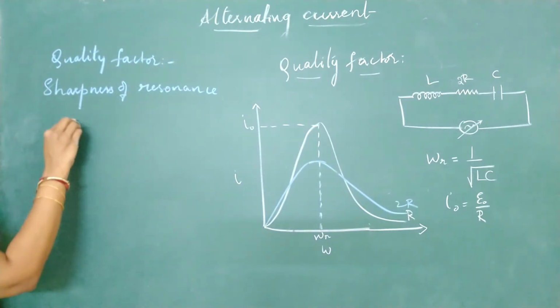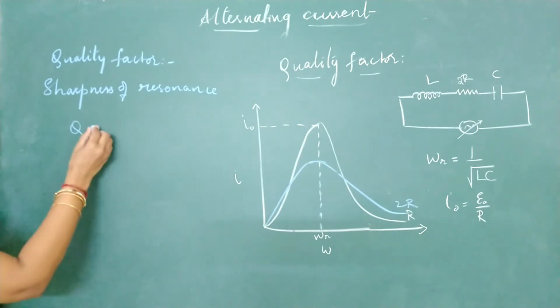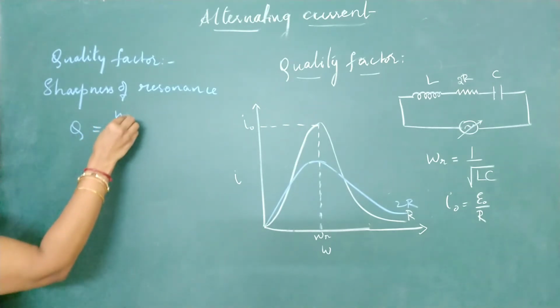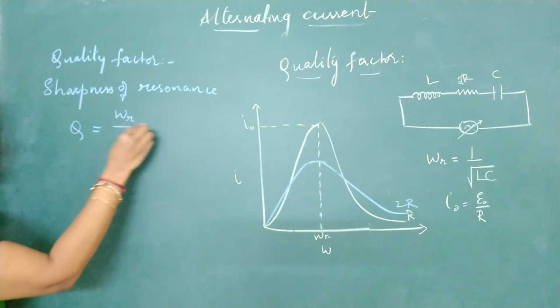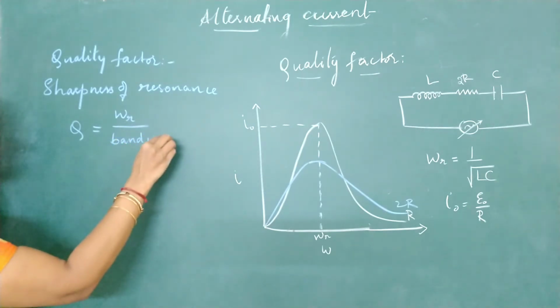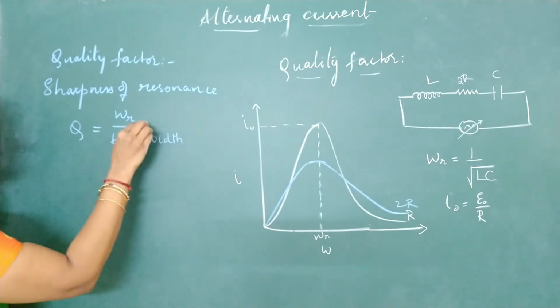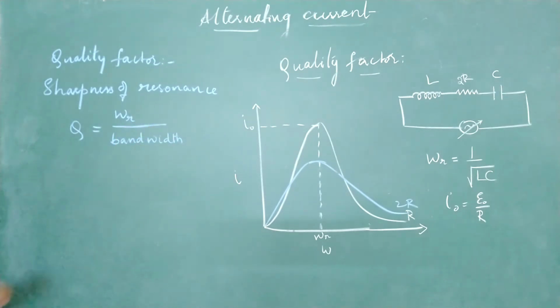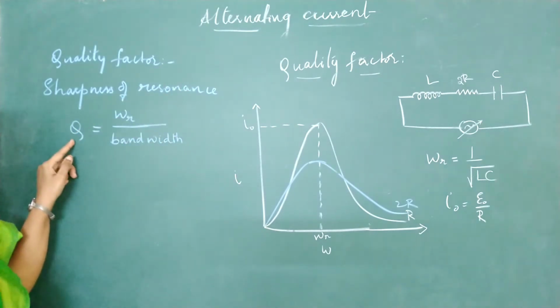We represent it by the symbol Q, and it is defined as the ratio of resonating frequency to bandwidth.